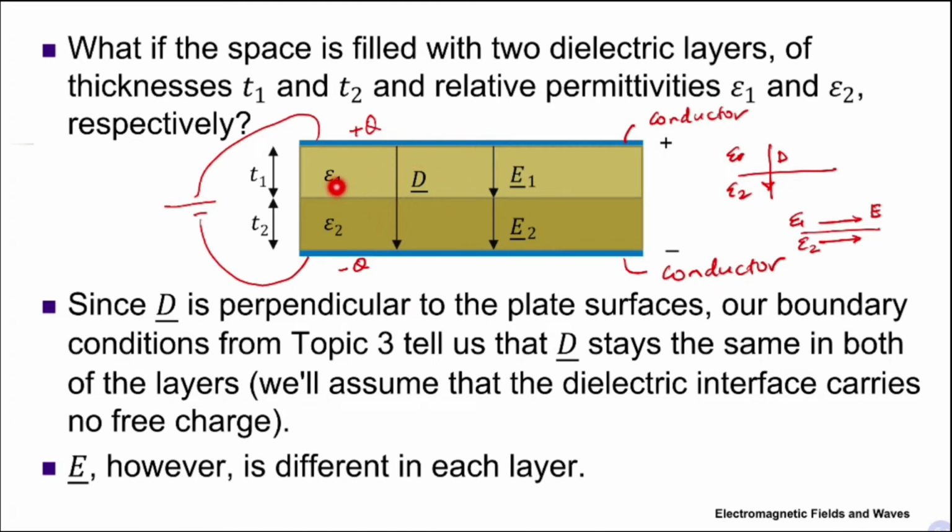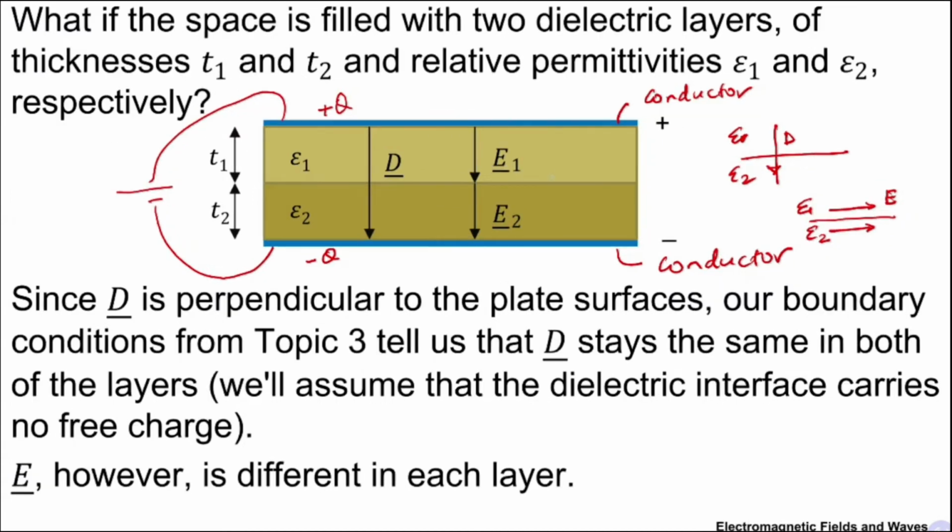So we're using this: D is the same but the dielectric materials are different. Therefore we have E different in the two layers, E1 and E2. And then you can apply the relationship between D and E to work out E1 and E2. So this is basically equal to D over epsilon 1 epsilon naught.